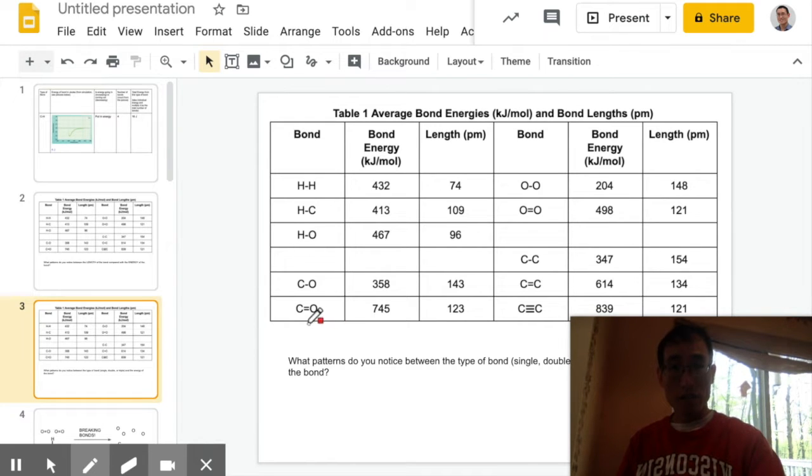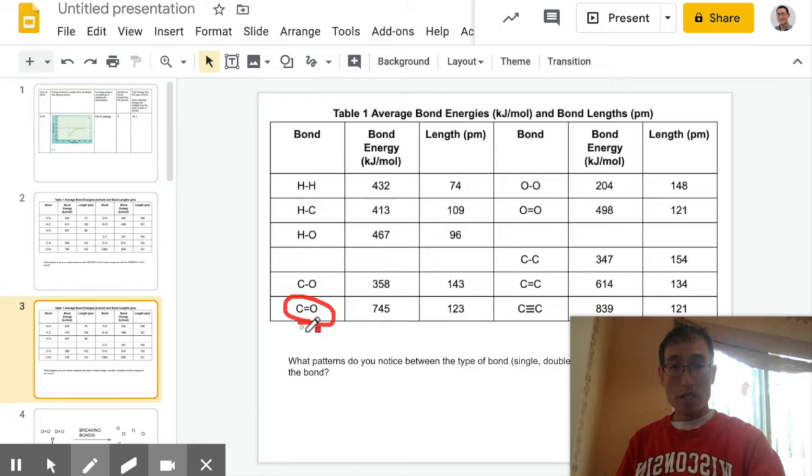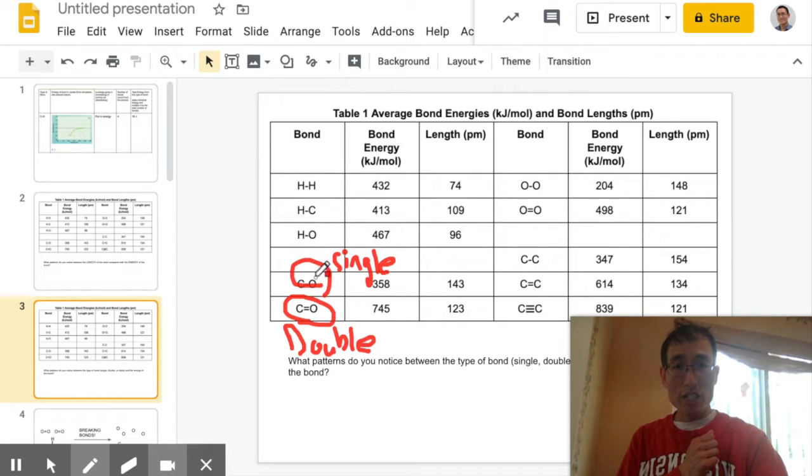So this here is a double, and this is a single. How are those bond lengths, and how are the energies compared to the types of bonds? This thing here is a triple.